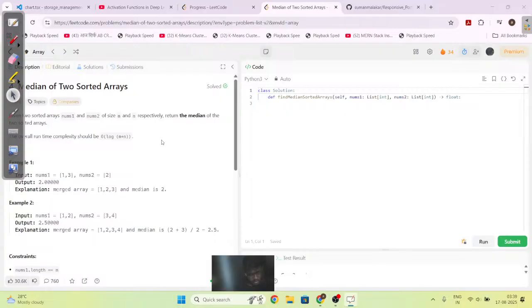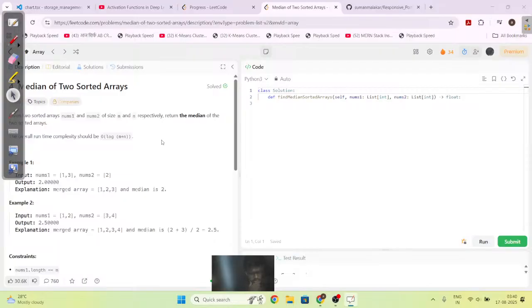If the total number of elements is odd, then one is the center. If even, then it's the average of the two center values. Therefore we compute the median by finding the maximum of the left half, or the average of the maximum of the left and the minimum of the right.